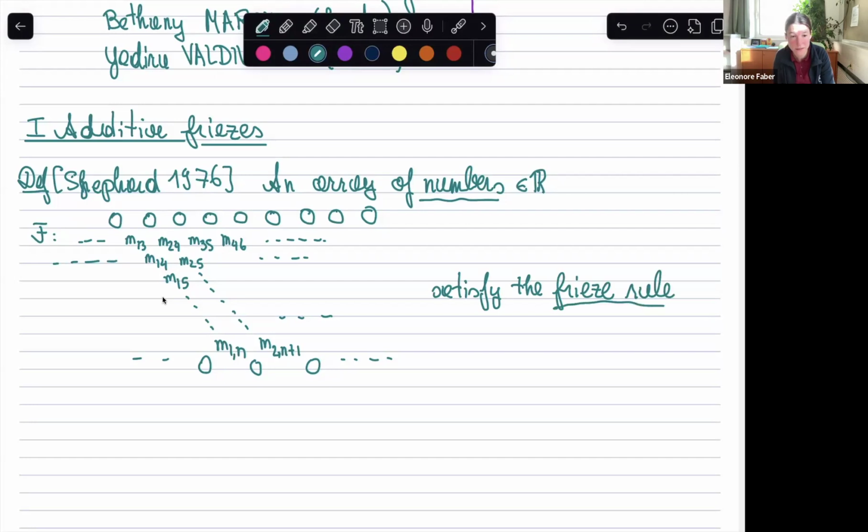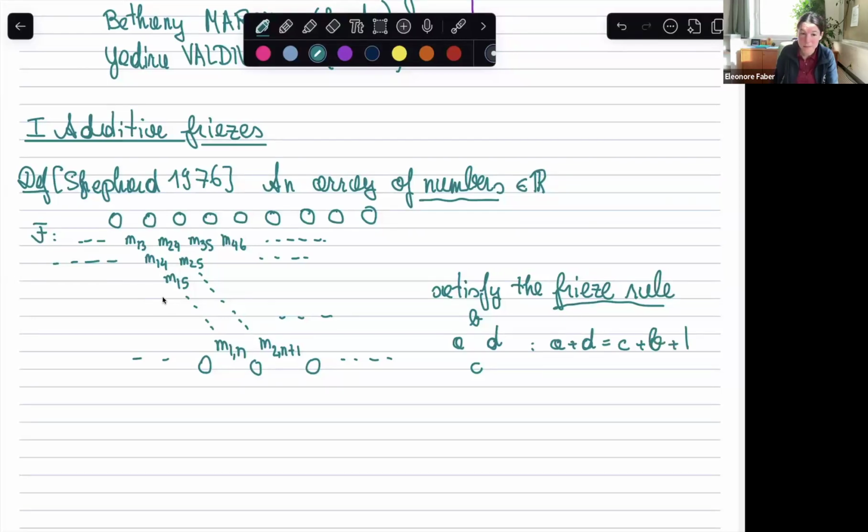And so what is this additive frieze rule? Whenever I have a diamond A, D, E, C in the frieze, so here you can see a diamond, then I have A plus D equals C plus B plus one.